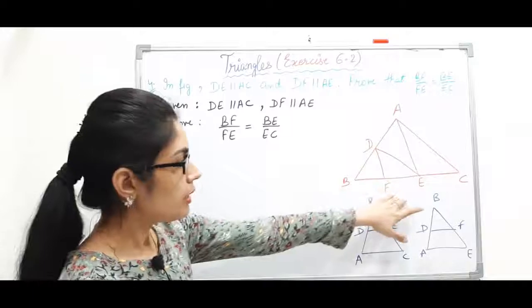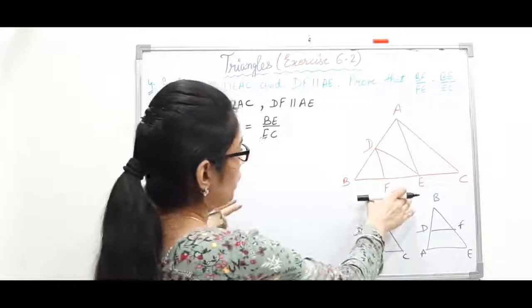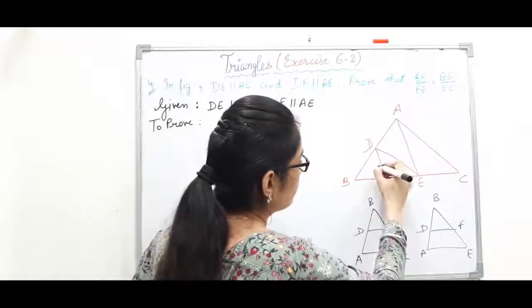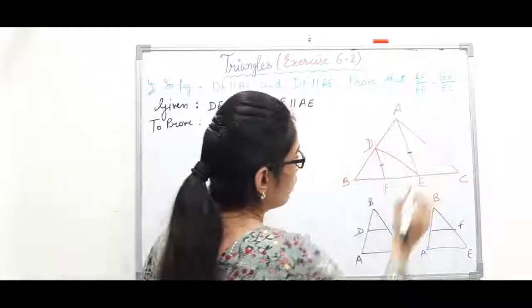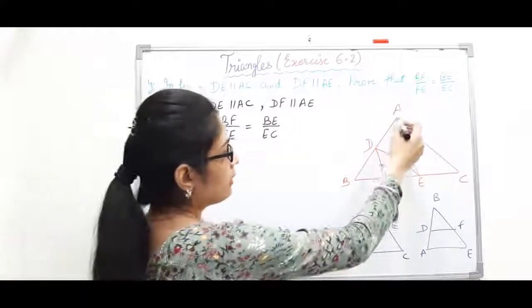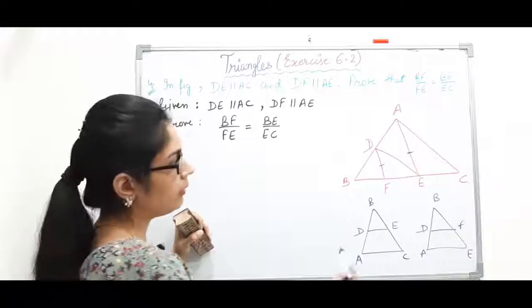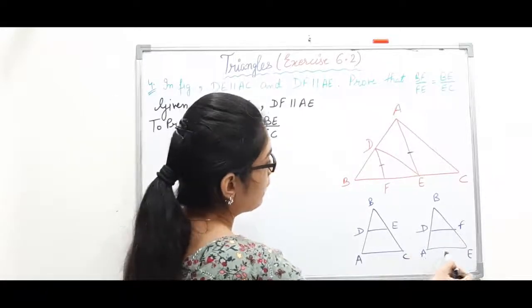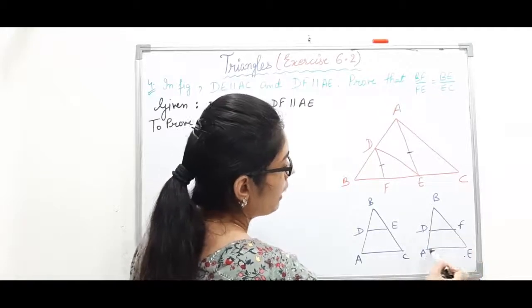So here if you see, two triangles are there in this figure. One, they have mentioned that this side DF is parallel to AE. So I will take this triangle A, B and E, in which DF is parallel to AE.